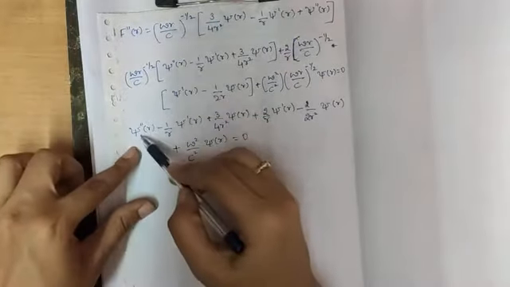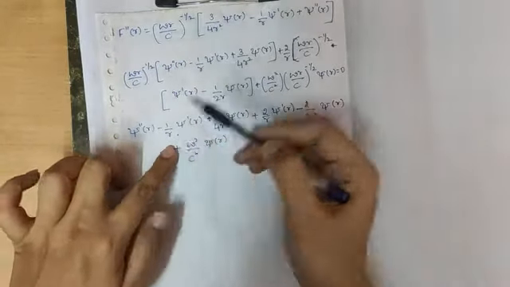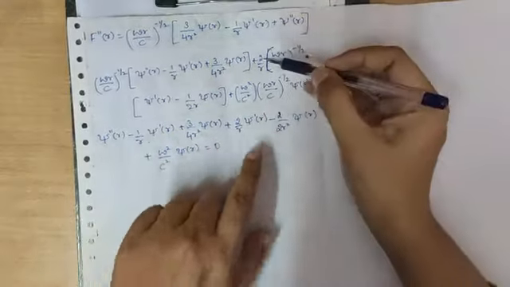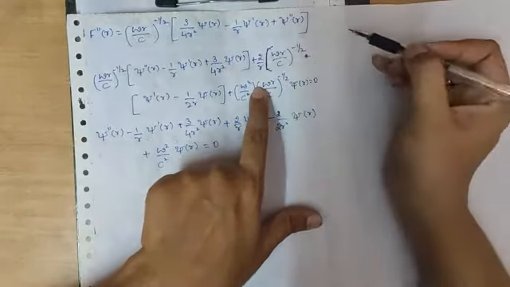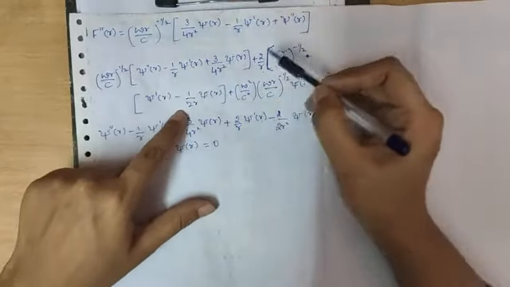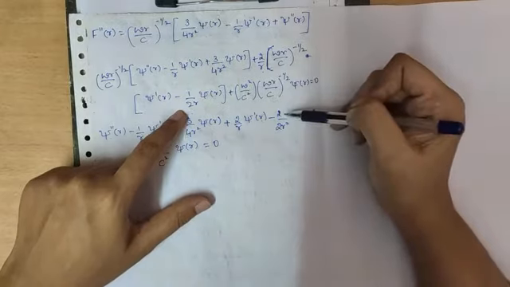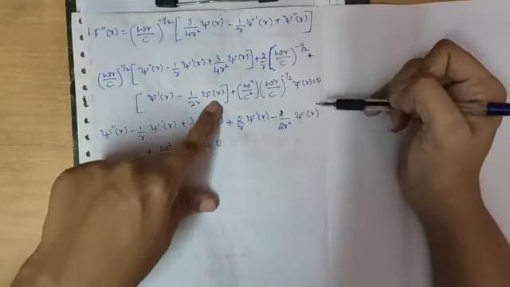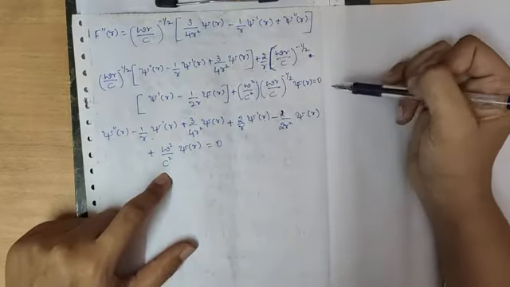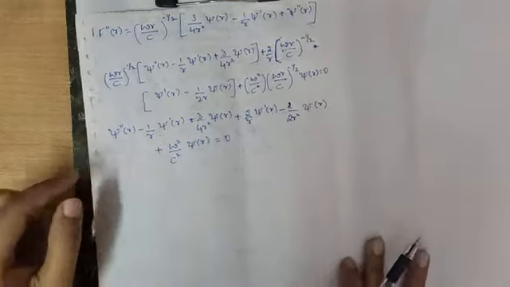So you will get xi double dash of r minus 1 over r xi dash of r plus 3 by 4 r square into xi of r plus 2 by r into xi dash of r minus 1 by 2r into 2 by r, which is nothing but 2 by 2r square into xi of r, plus omega square c square into xi of r is equal to 0.